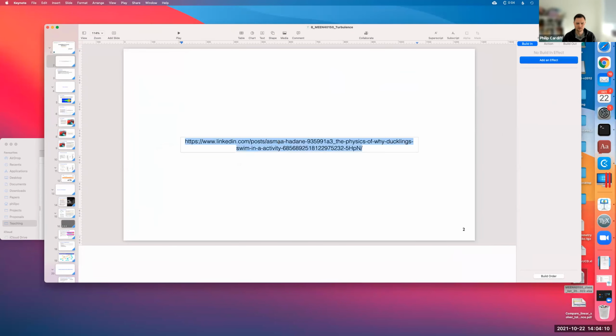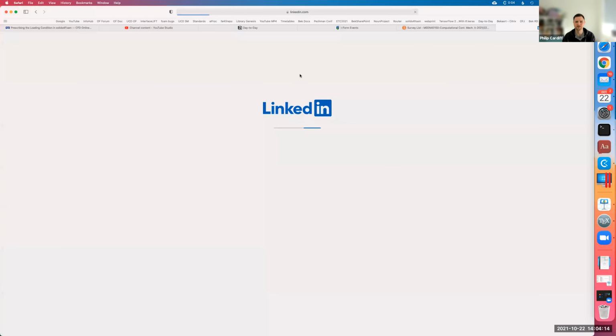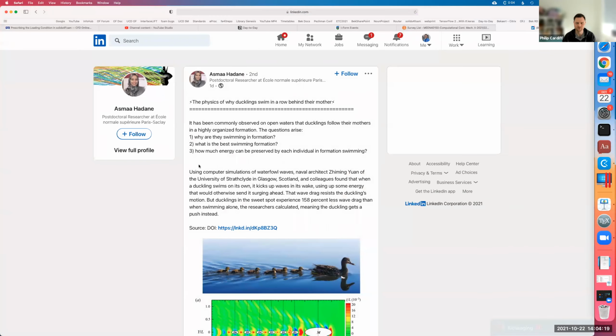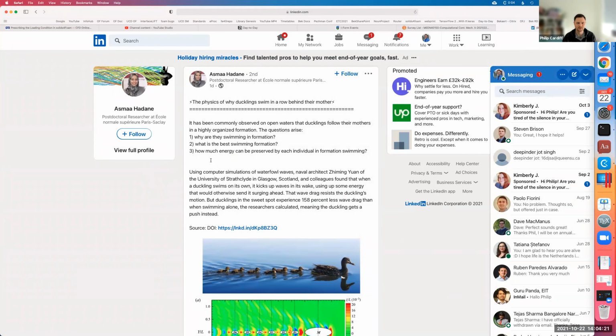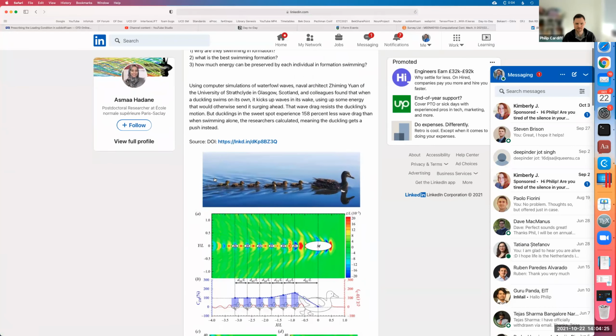I thought I was curious on LinkedIn. I just keep an eye on LinkedIn and Twitter, and I follow a lot of things that show simulations, of course. But I saw a postdoc in France put up this paper.